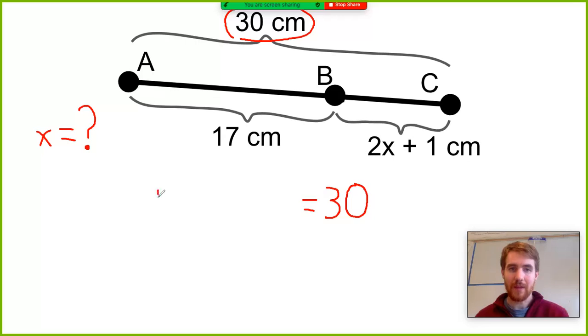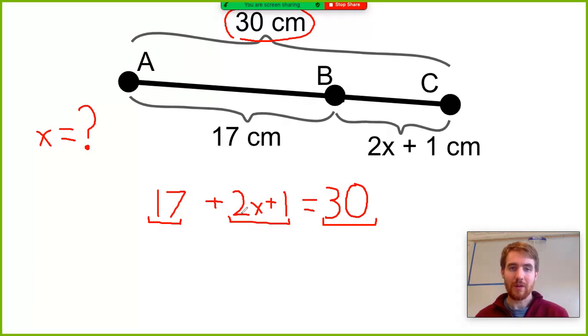So from A to B, we have 17, and from B to C, we have 2x plus 1. This is always going to be one of the smaller pieces, this is always going to be the other, and then what they're equal to is going to be the whole. But once we've written this equation, now you just have to use algebra.